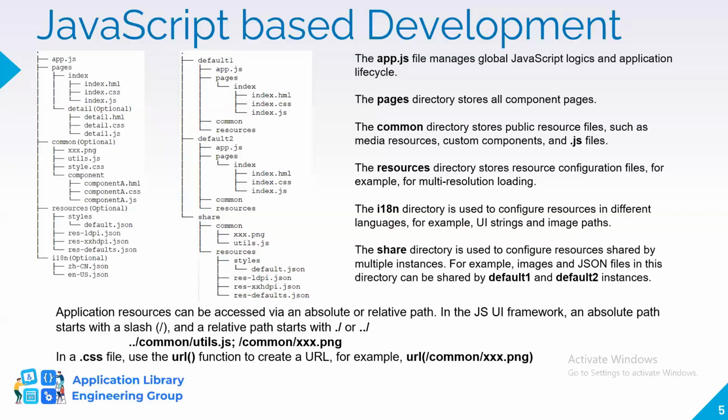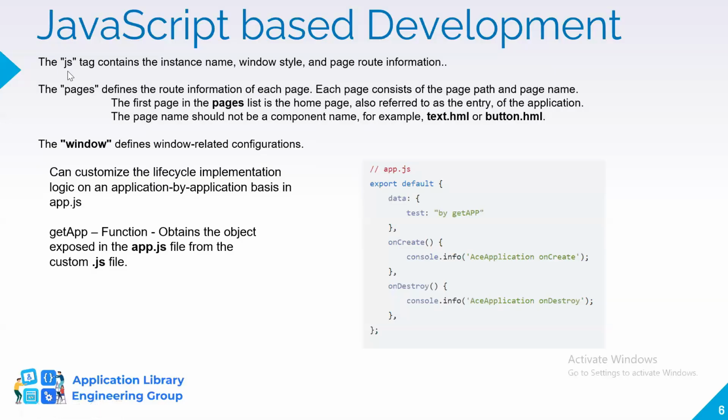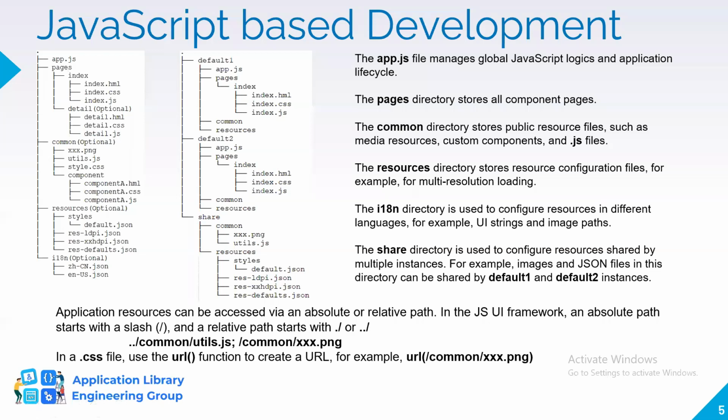Let's move on to the file organization. If you see here, this is how the files are organized for JavaScript development. You can open DevEco Studio, your IDE, try out one sample application, and check which files are available.